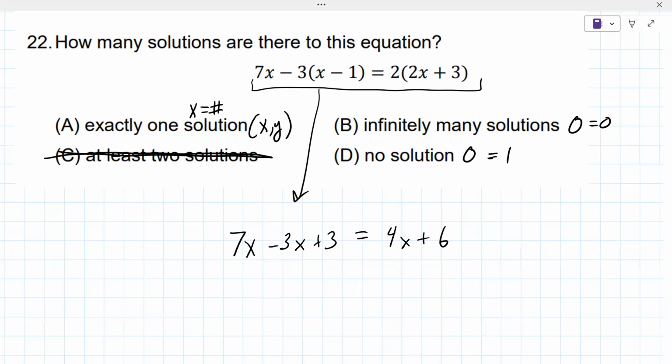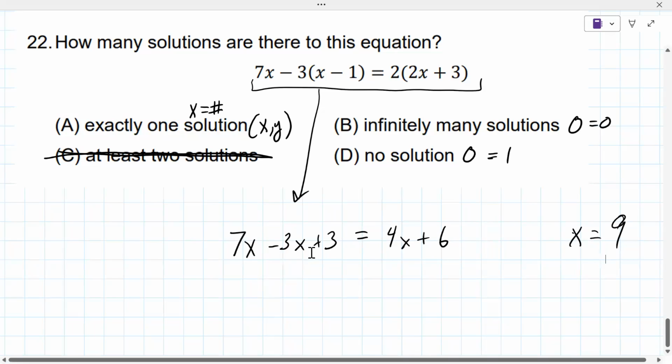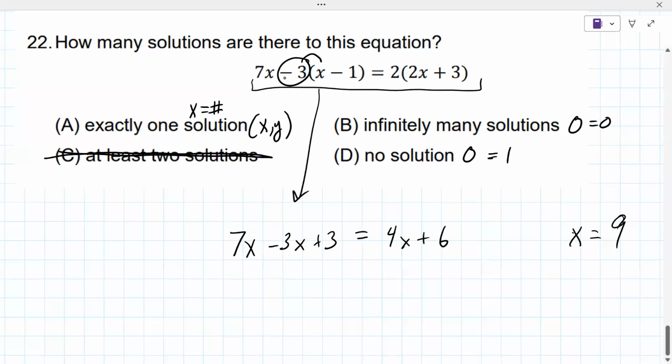Exactly one solution. Okay, what is that solution? What did you get for X? X equals 9. Okay, did you write 7x minus 3x plus 3 and then 4x plus 6? 7x minus 3x. That minus 3 gets distributed into both.